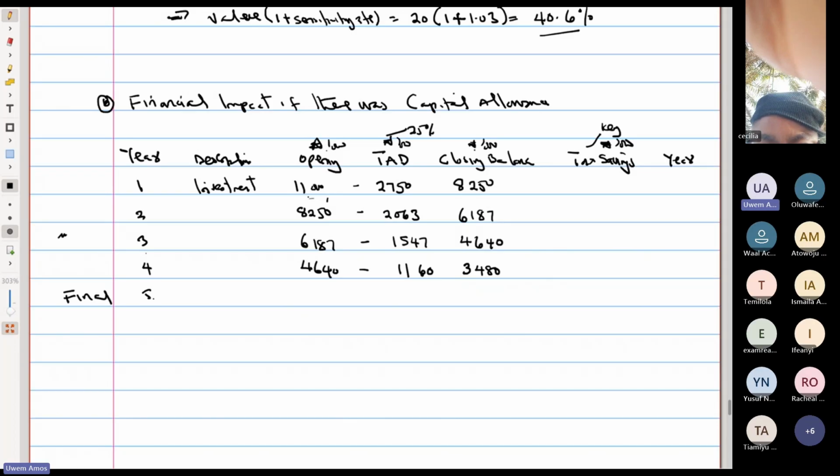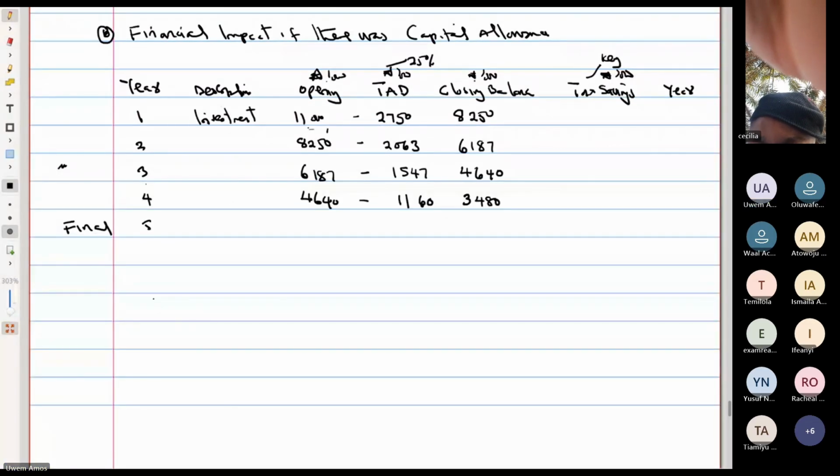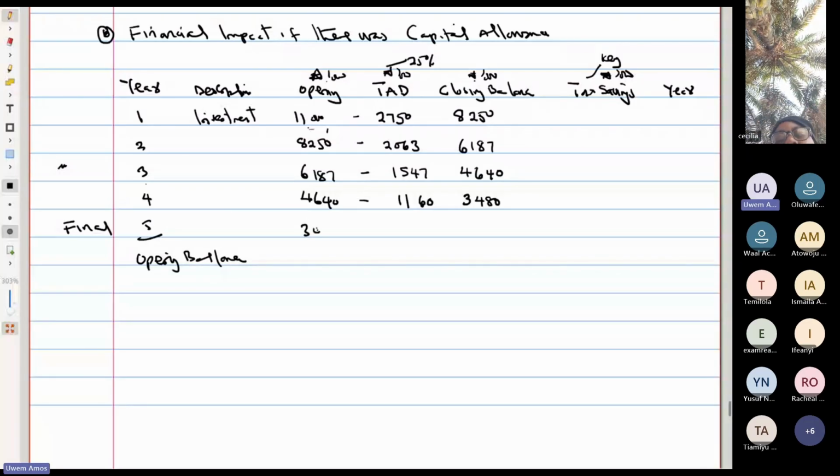So how do we describe that? We explained it right before now. In our final year, we'd compare the opening balance, which is 3,480, with our disposal proceeds. So how much did we sell this asset for?